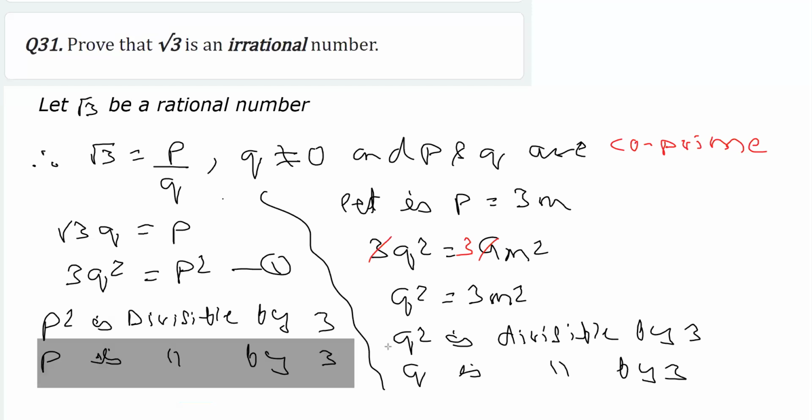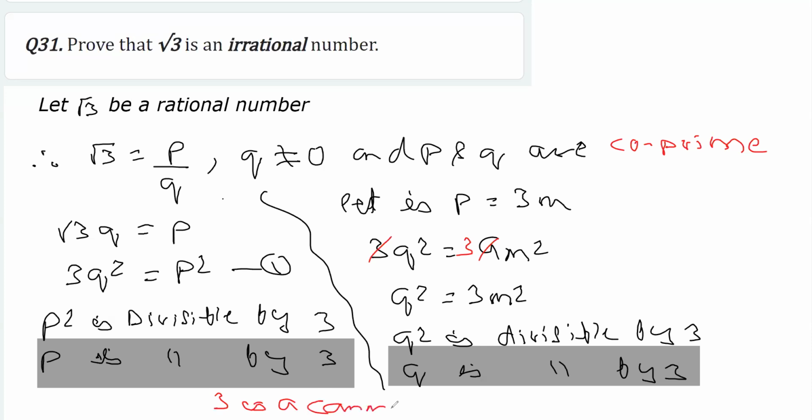That P and Q both are divisible by 3. So we can say that P and Q have at least one common factor, right? 3 is a common factor of P and Q.